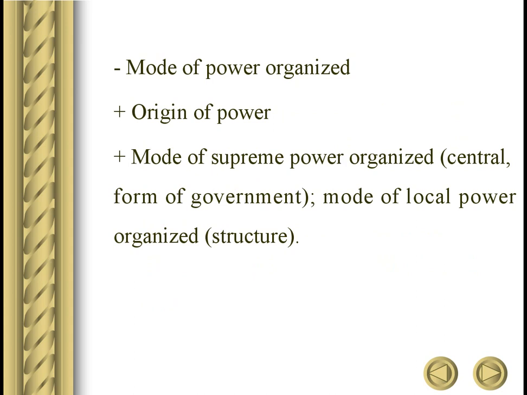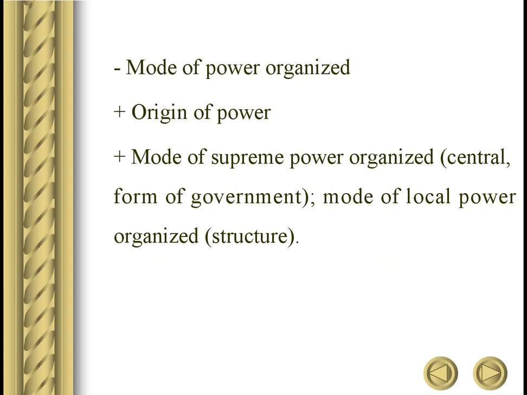For the organization of power, you should answer the question, where does the power come from? I mean, we look at the origin of power. If you talk about the mode of supreme power organized, we talk about the form of government.